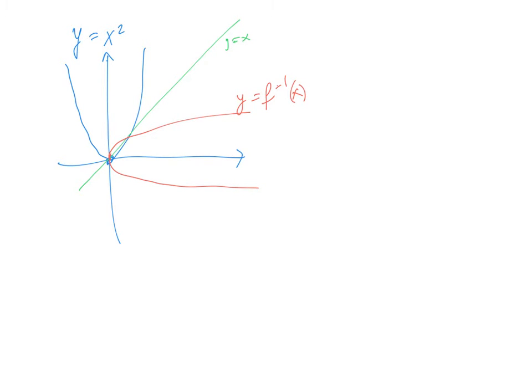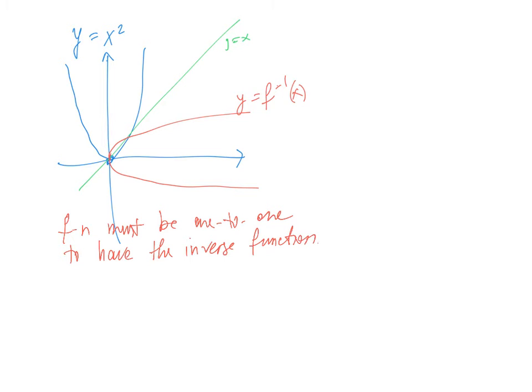So in order for a function to have an inverse function, it must be 1 to 1. Otherwise, the inverse will not be a function.